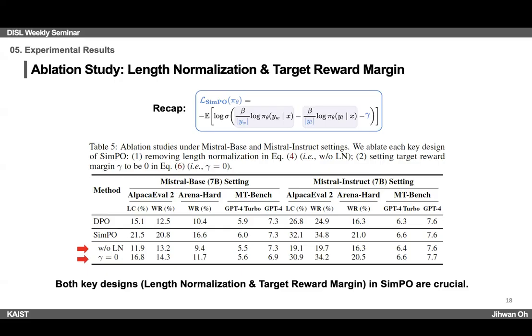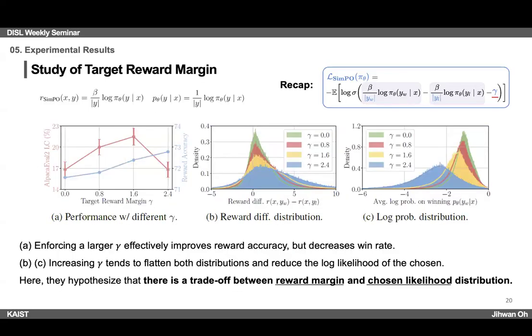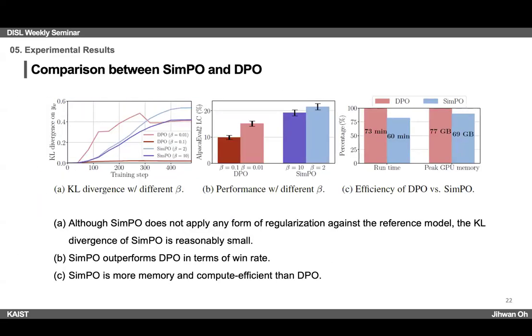They just argued here, as you can see in figure A, that SimPO's KL divergence is higher than DPO's, but it is reasonably high. So it's fine. That is just their experimental finding.